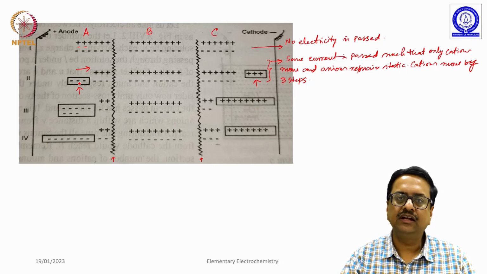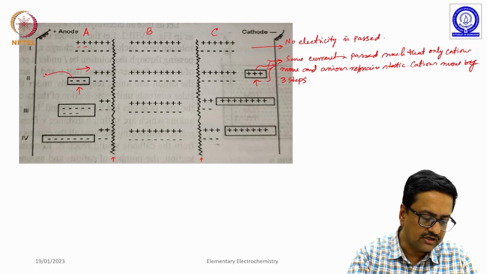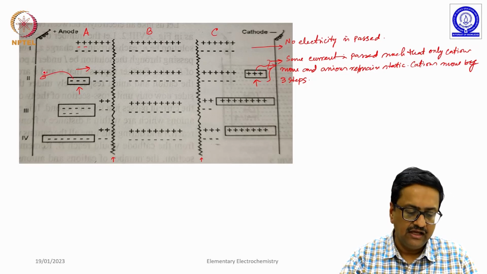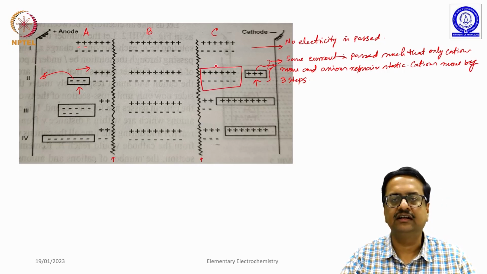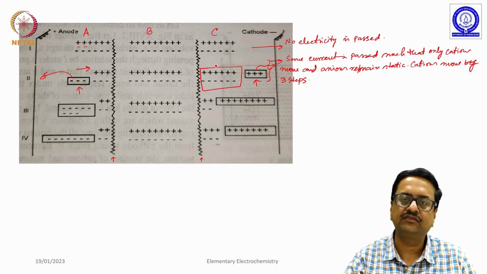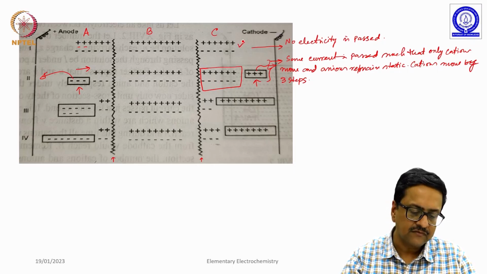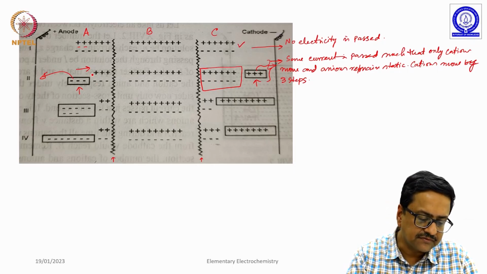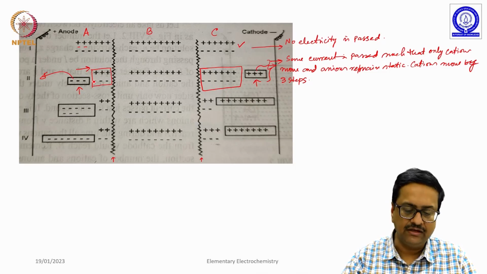To maintain electroneutrality of these chambers, these ions cannot stay like this, they need to get discharged at the corresponding electrodes, and as a result the concentration of the cations and anions, that is the concentration of the electrolyte in chamber C, has not changed, it remained as before, whereas the concentration of cations and anions has reduced in chamber A, which is close to the anode.